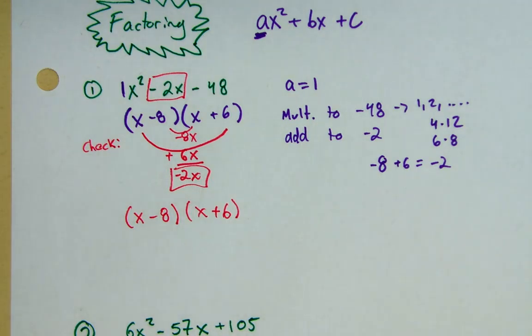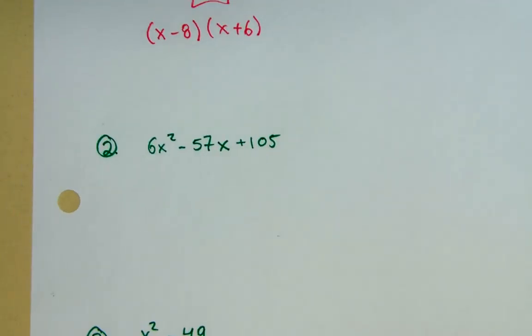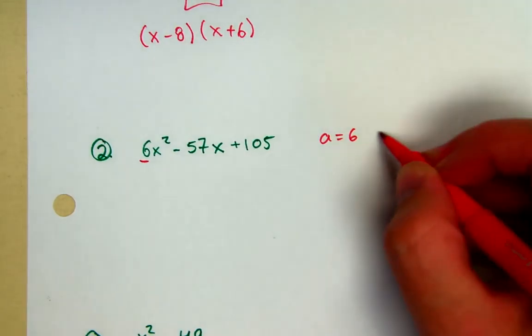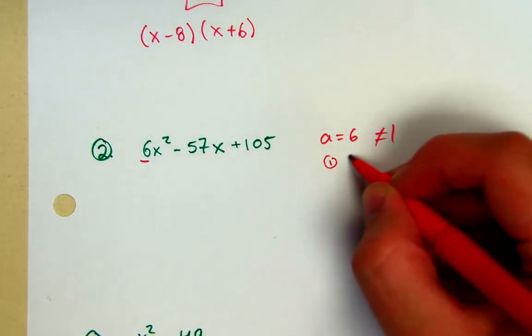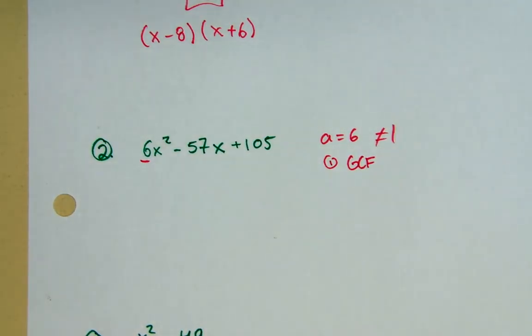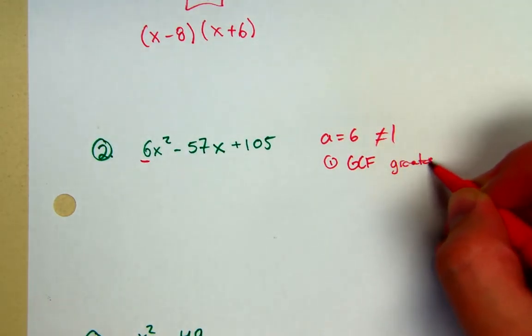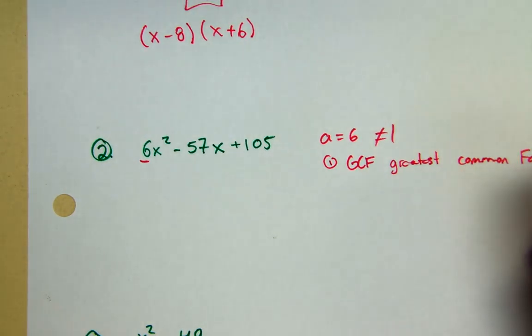Alright, so now the next problem. What happens when a is not equal to 1? So here we realize we have a equals 6, which is not 1. Well, the first thing you should do is you should try to take out a GCF, that's your greatest common factor.